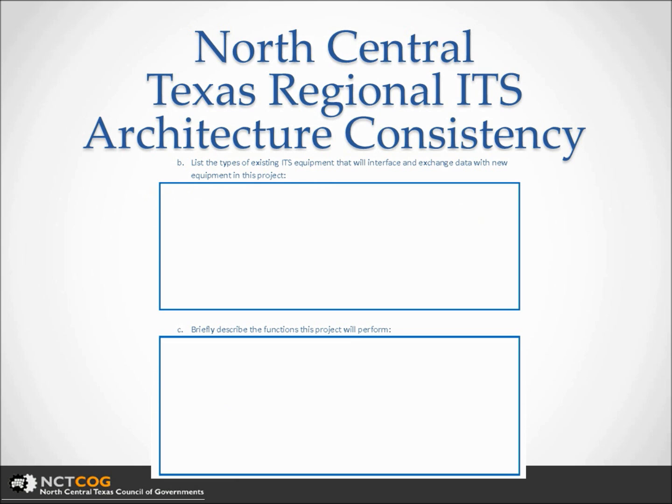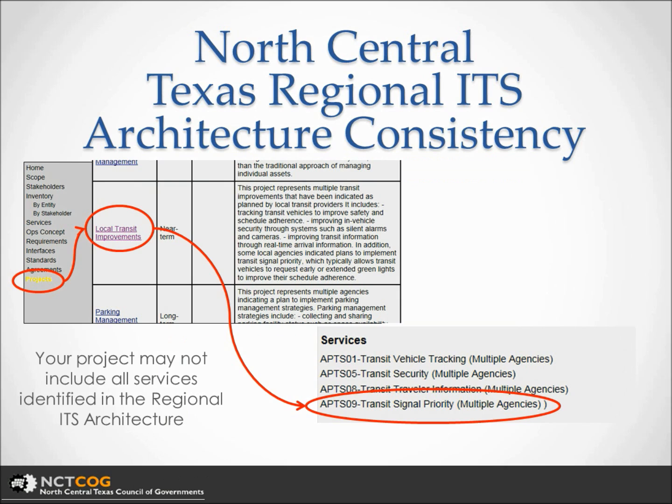The architecture statement next asks to list the type of existing ITS equipment that will interface and exchange data with new equipment in this project, and briefly describe the functions that this project will perform. The functions, again, may be found on the ITS architecture website.